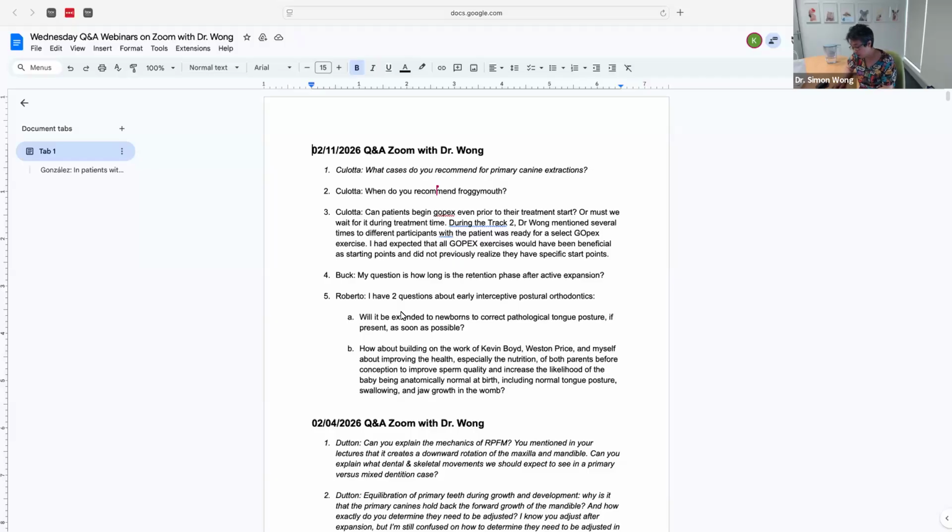It can be an ongoing recommendation for as long as it takes a child to learn speaking manners and table manners. During track 2, I mentioned several times to different participants when patients were ready for select GoPex exercises. I had expected that all GoPex exercises would have been beneficial at the start points and not previously realized they had specific start points.